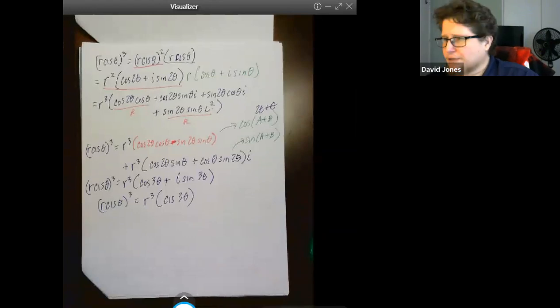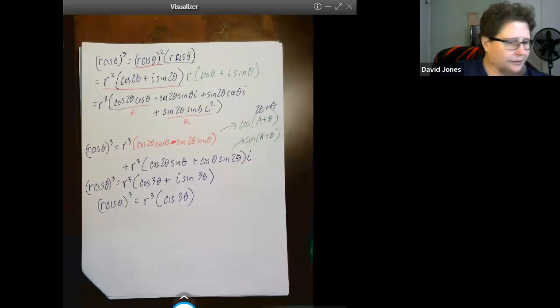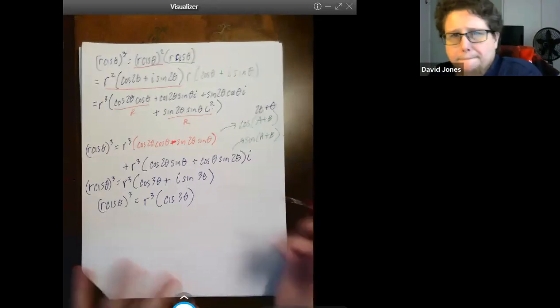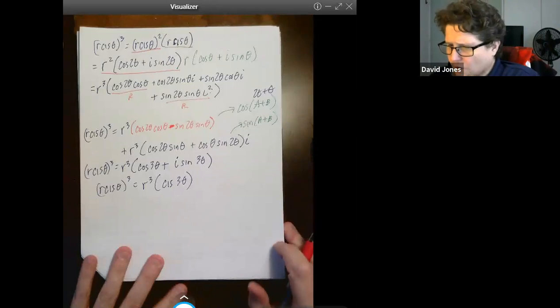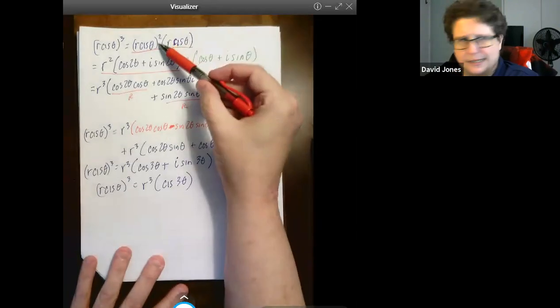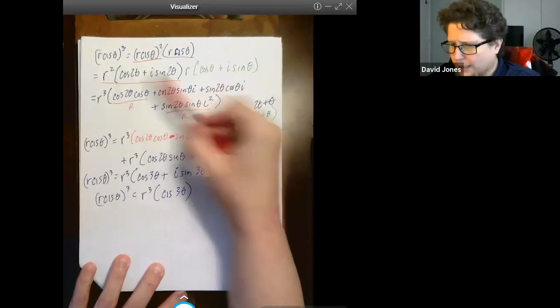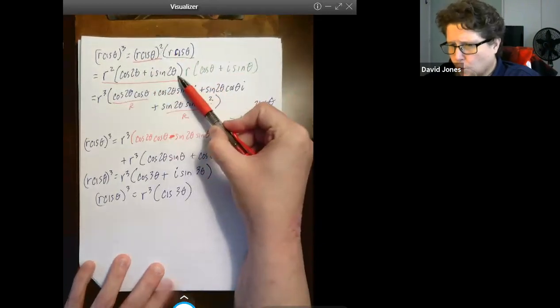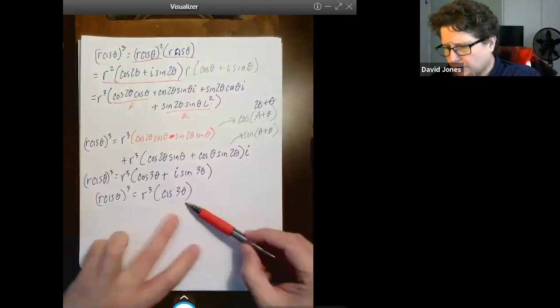Now, I could keep doing this. I could keep going on and on and finding the next power and the next power. But have you guys noticed a trend? When I had r cis theta squared, I got a square on my r and my angle went double. When I did it cubed, my r gets cubed and my angle goes triple.